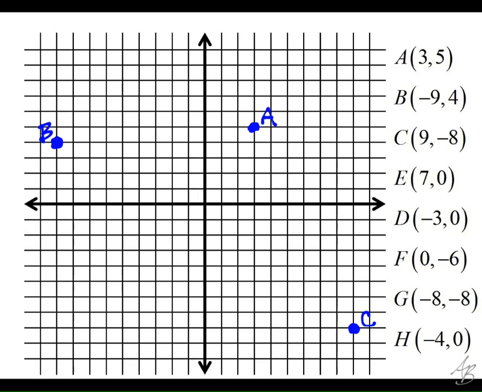That 7 tells me to go right, left, up, or down. Yeah, the first number is right or left. So I'm going to go right 7, and then up 0. So I'm right there. That's point E. Are they in the right order on yours? Yep. Okay. Point D, which way am I going to go?